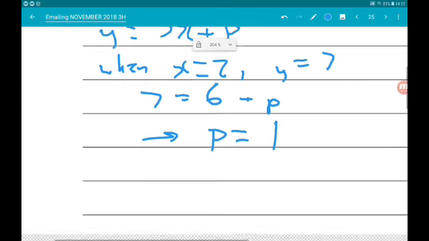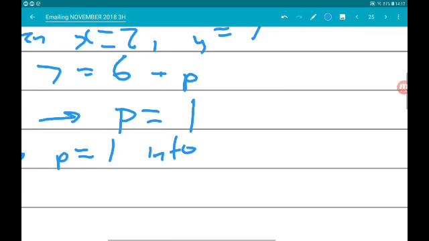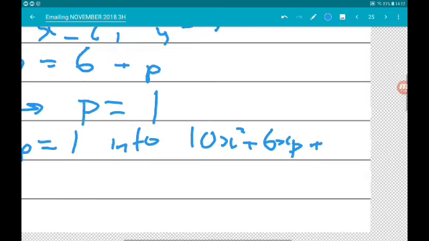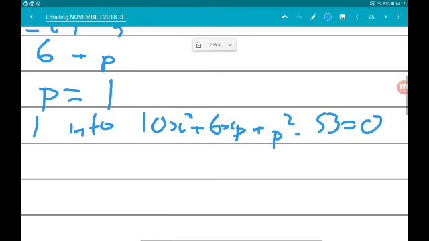So now we're going to sub p equals 1 into what we've just done, 10x squared add 6xp add p squared minus 53 is equal to 0. Now that's going to leave us with a quadratic purely in terms of x. We can then solve that for x and then do what we need to do.